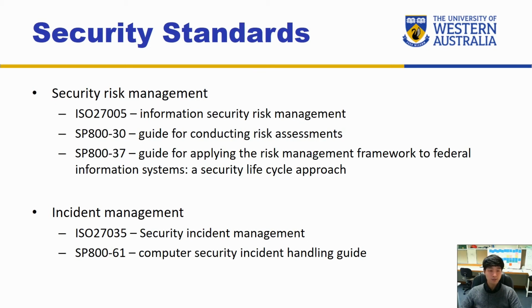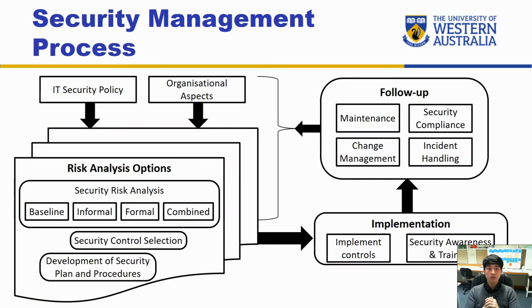Okay, nevertheless, so the management process goes like this. We start with the policies and organizational aspects and all those things. So the first couple of lines we saw in the security management in the previous video, and then we input those into the risk analysis. Okay, and out of those, we use that information to conduct the risk assessment and understand the security posture.